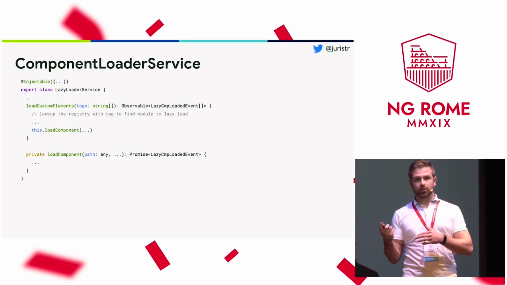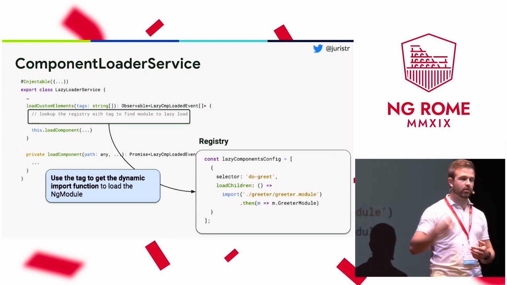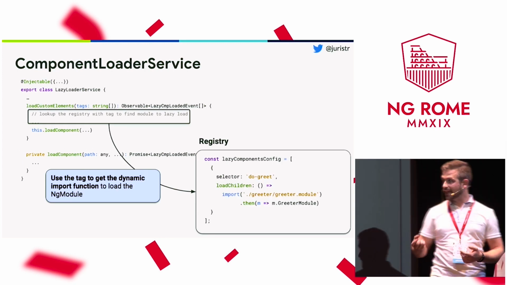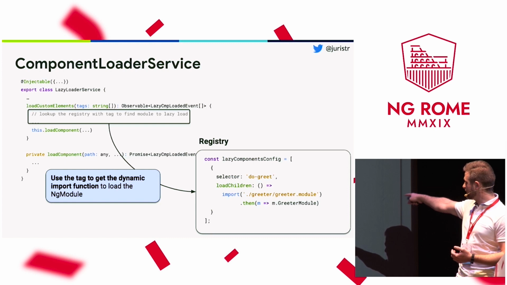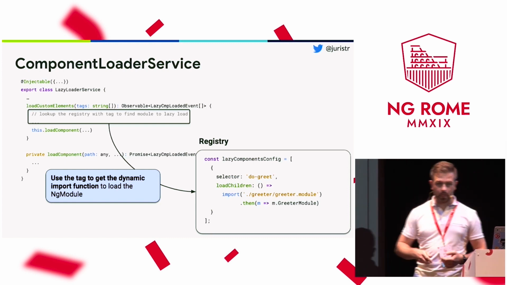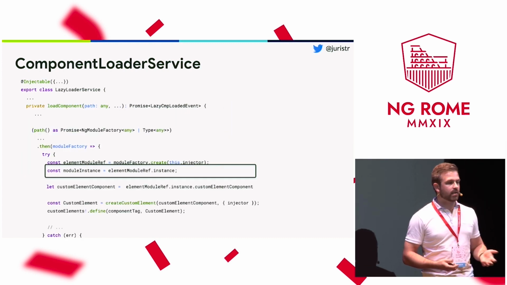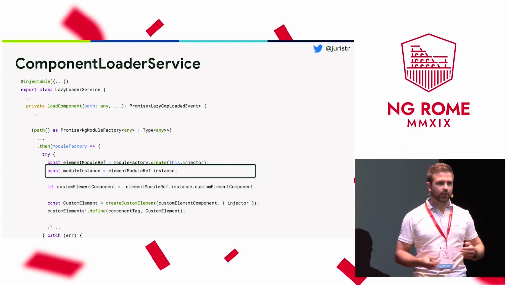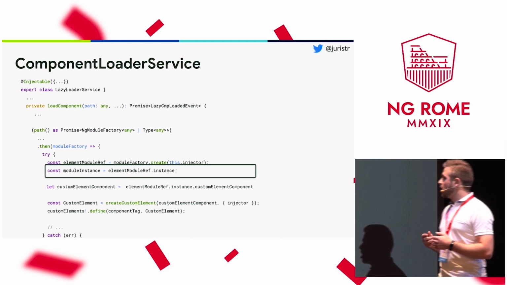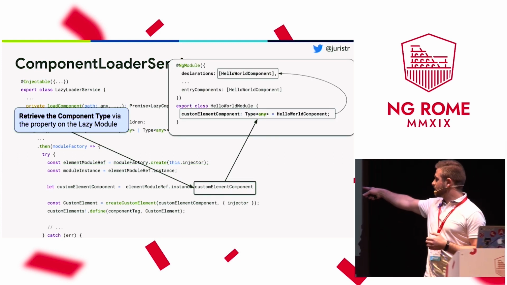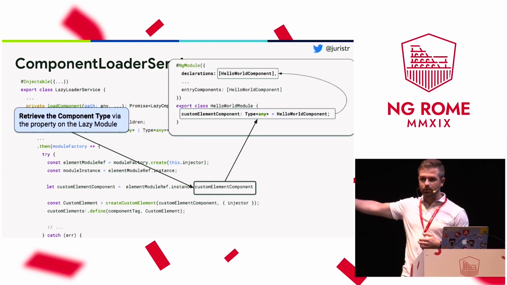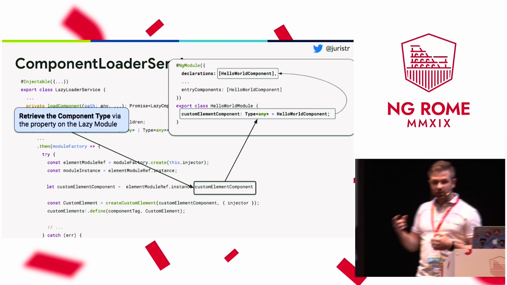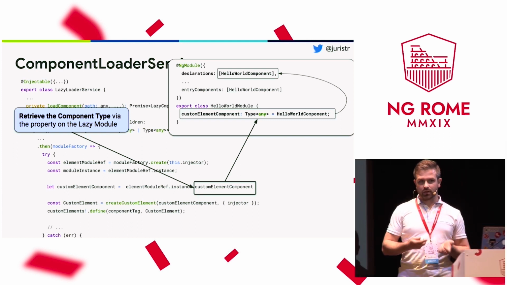Now the component loader inside works very similar to what we have already seen before. I just get those tags. I need to look up that registry to get access to that lazy loading function of the module. I pass that on, and inside there it works just as I told before. I invoke it, I get a module factory, I have now the instance. With that instance, I can access that custom element component, which I defined, and with that I can automatically wrap it as an Angular element.